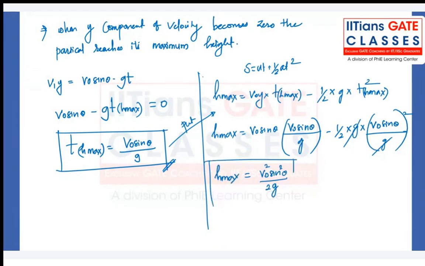I hope you understood how to find the maximum height the projectile can reach. If I tell you to find the maximum height and the time at which the projectile will reach it, if I throw it at an initial velocity of 10 meters per second, making an angle of 30 degrees with the horizontal, I'm giving you v naught and theta, and that's all you need in order to calculate h max and t h max.